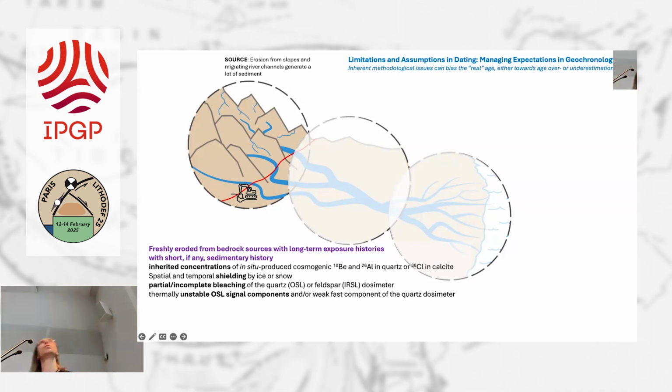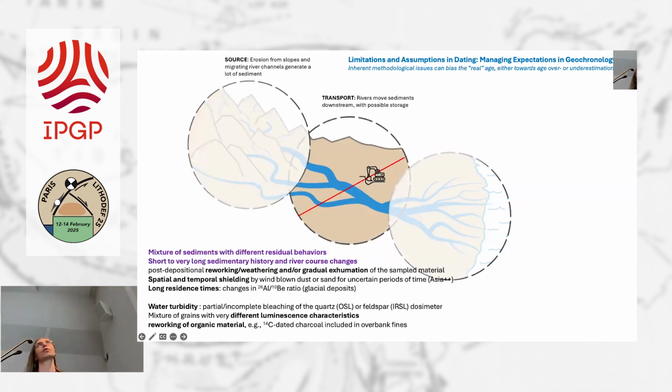Then, when you go to the transport, we have a mixture of sediments with very different residual behavior. We have short to very long sedimentary history, and we have changes in the river course. So it means that we have reworking, weathering, or gradual exhumation of the sample.